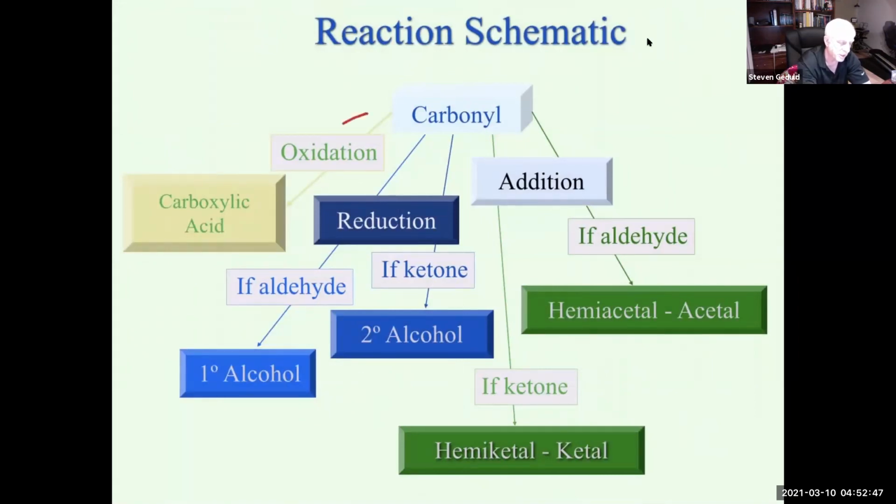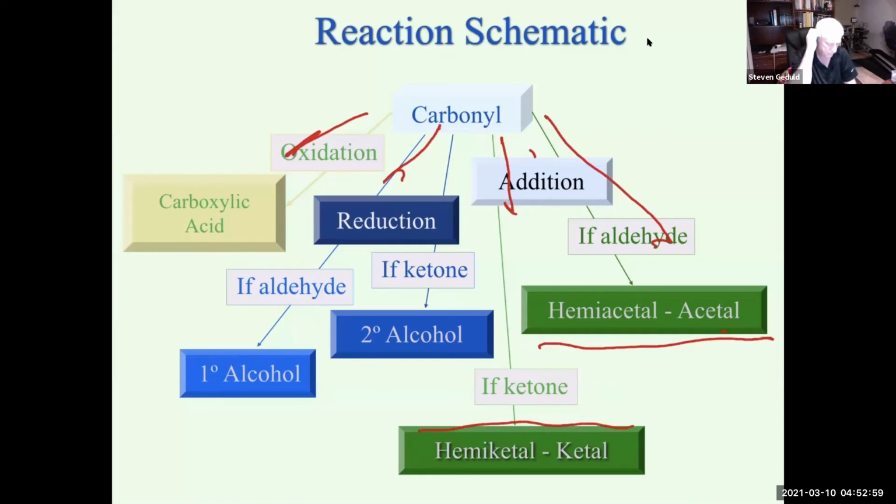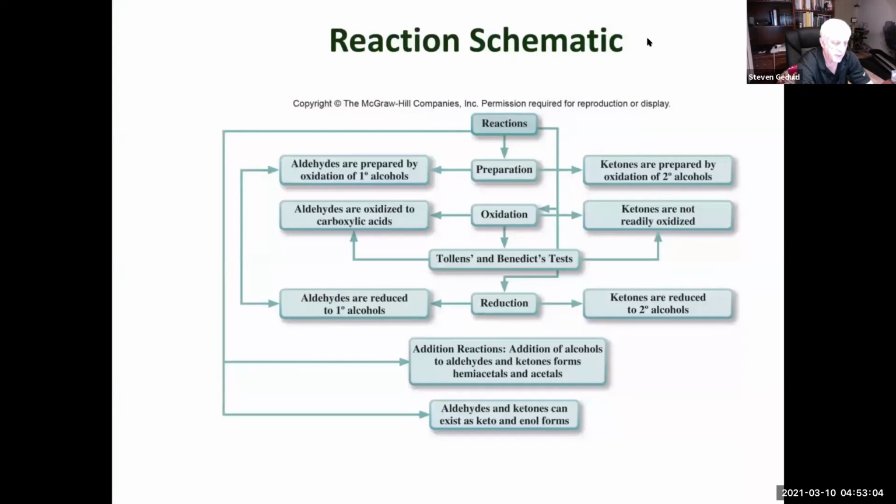Carbonyl groups, oxidation, reduction, addition to an aldehyde. We can form our hemiacetals and acetals, or hemiketals and ketals. And again, that's just a way of looking at the different oxidation-reduction reactions. You can go through that. Just a summarization of all the reactions that we've done.